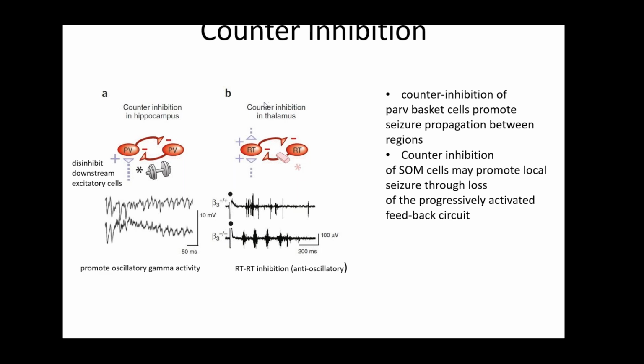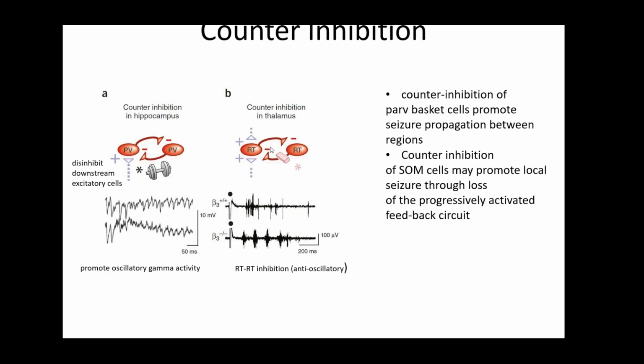Now, in the thalamus, you have sort of the opposite, because in the circuitry of the thalamus, you have the reticular nucleus of the thalamus, the main GABAergic nucleus of the thalamus, producing an inhibitory effect of the inhibition. All right. So if this counter inhibition is blocked, what it basically does is the opposite.